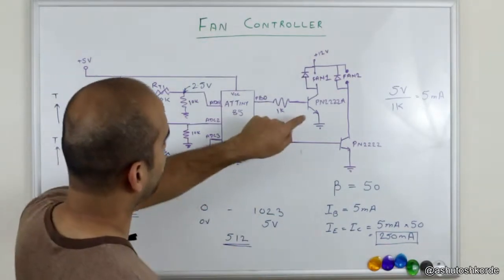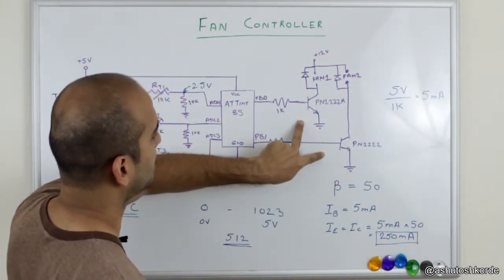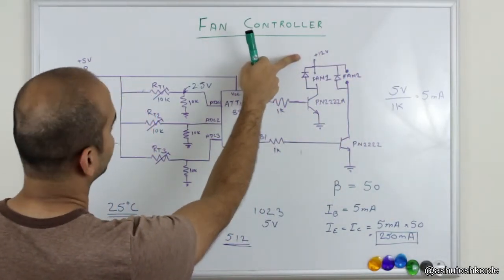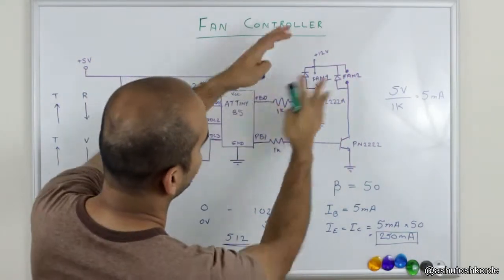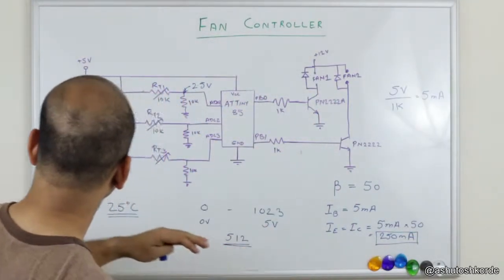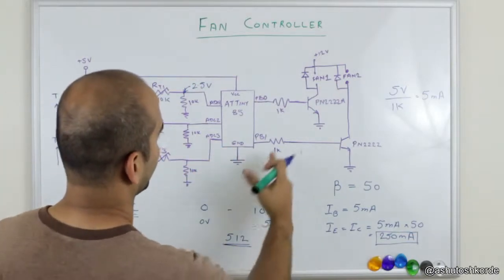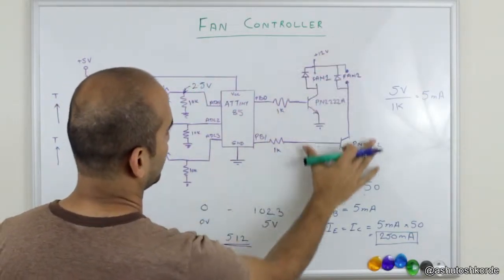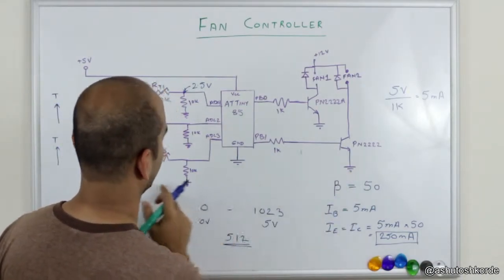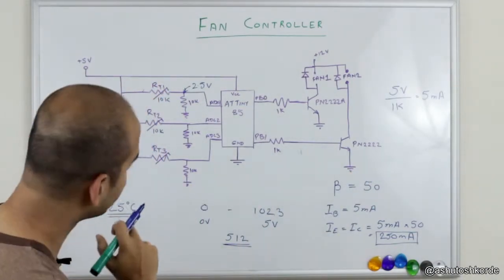Now the other purpose that the transistors serve here is that these fans run off a 12 volt rail. So the output side also behaves as a level shifter. And basically what we have is we are driving a 12 volt system using a 5 volt system. And of course the grounds are common for all of these.